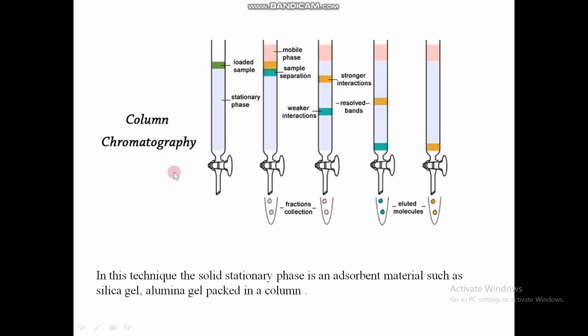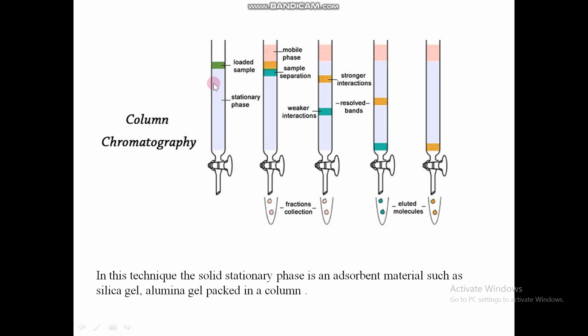When a concentrated solution of the sample mixture is poured and loaded at the top of the column, as the solvent flows down through the top layer it dissolves the mixture, and as the solution runs through the adsorbent, the components of the mixture are subjected to a competition between two phases.